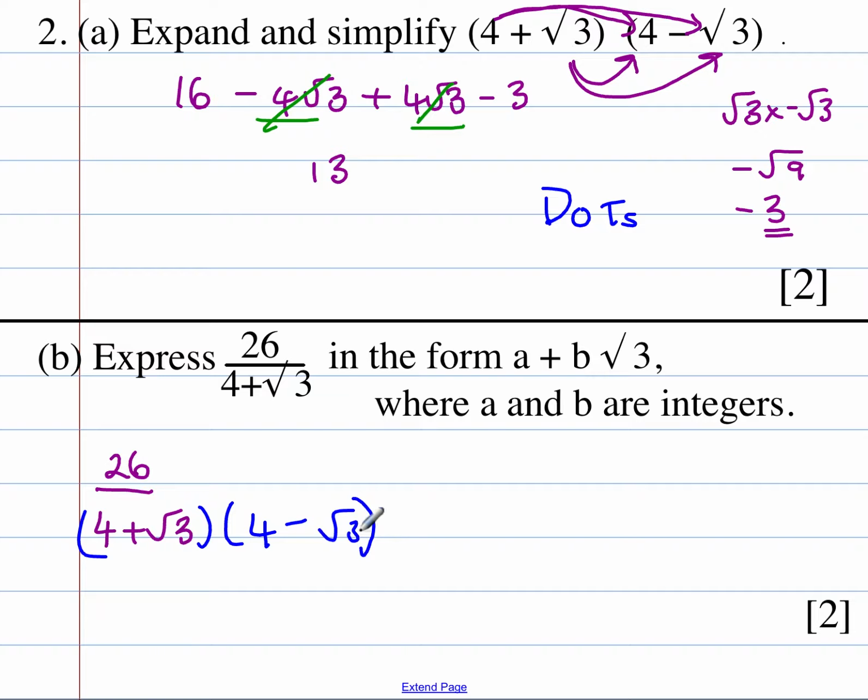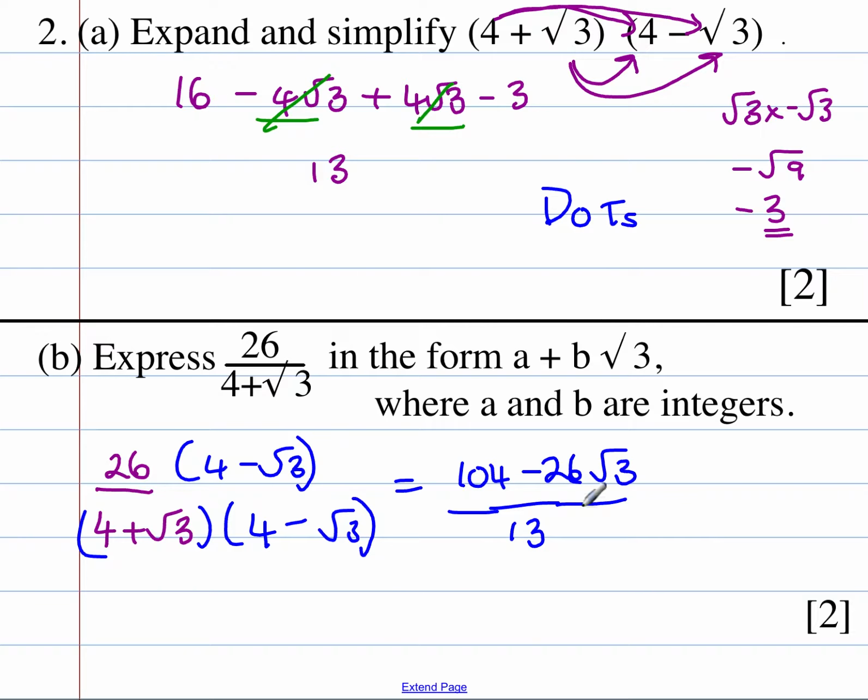So if you multiply this by itself, and whatever you do to the bottom you do to the top, because we've already done the calculation, it's just 13 at the bottom. Now we just need to multiply the top, which will give us 104 take away 26 root 3.